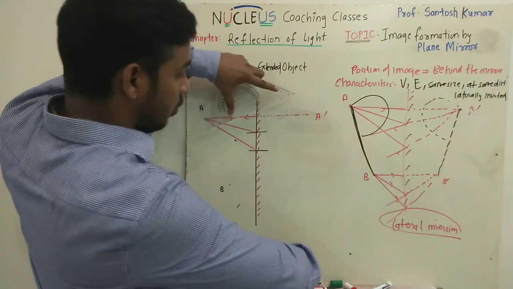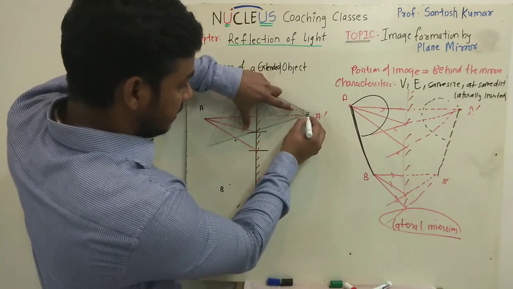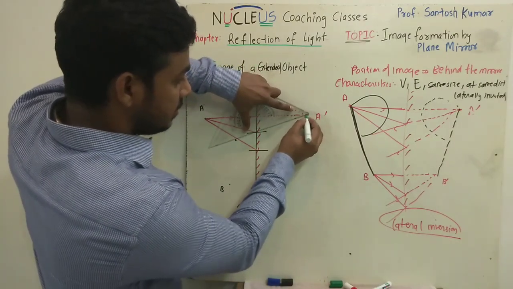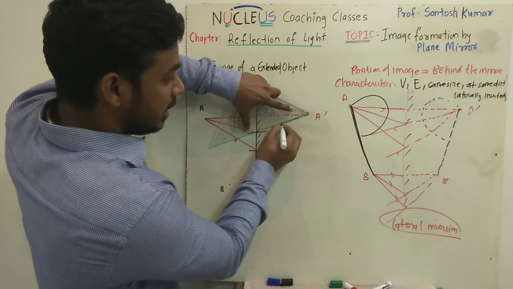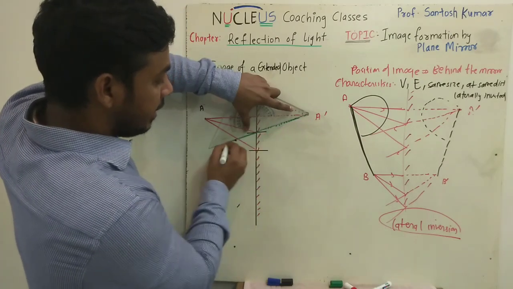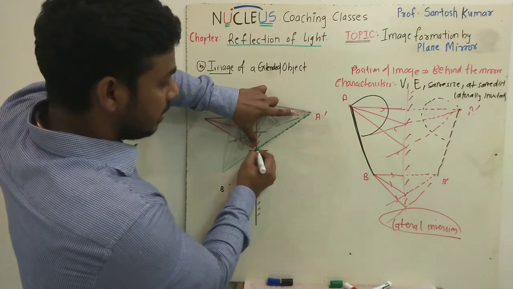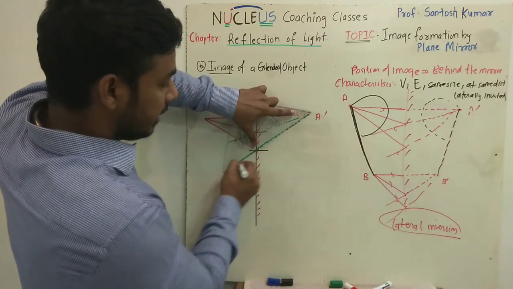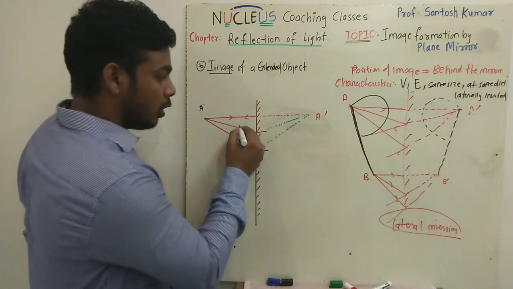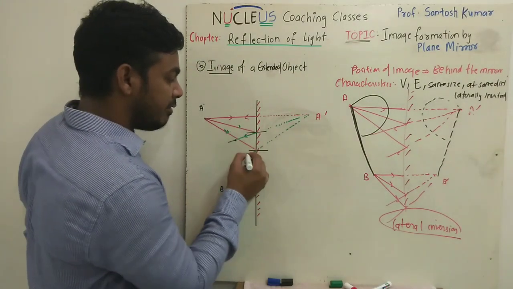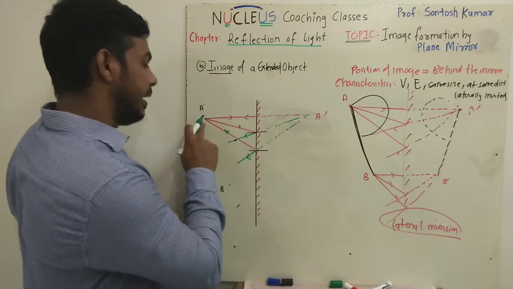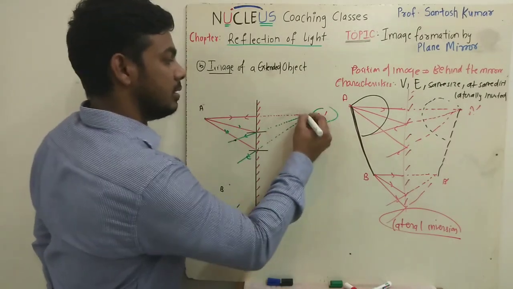Okay, so I will be drawing this ray, joining this ray with this point. Remember, this will be the imaginary ray and this will be the reflected ray. So what you have obtained is the image of point A, that is A dash, right?